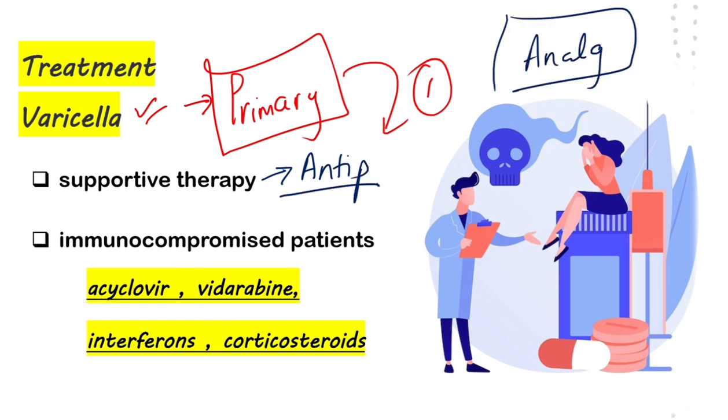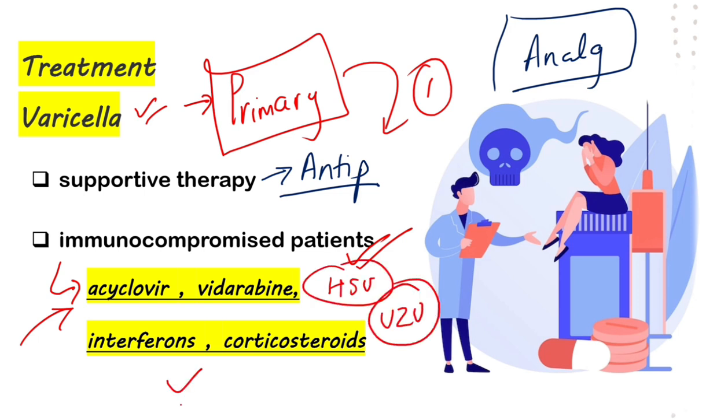Immunocompromised patients may require more aggressive treatment, including antiviral therapies, systemically administered drugs effective against herpes simplex virus such as acyclovir, vidarabine and interferons. The use of corticosteroids during the acute phase of the illness has not been proven to reduce the incidence or severity of post-herpetic neuralgia.